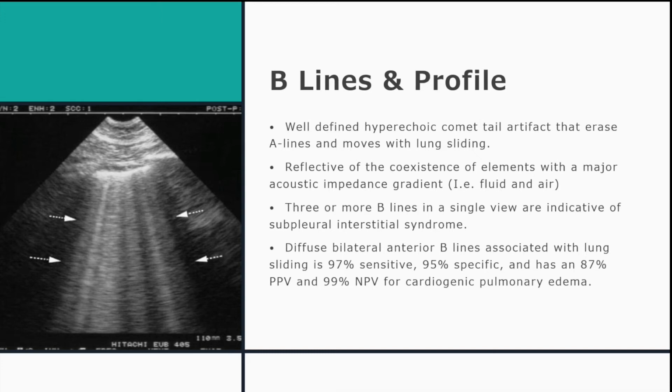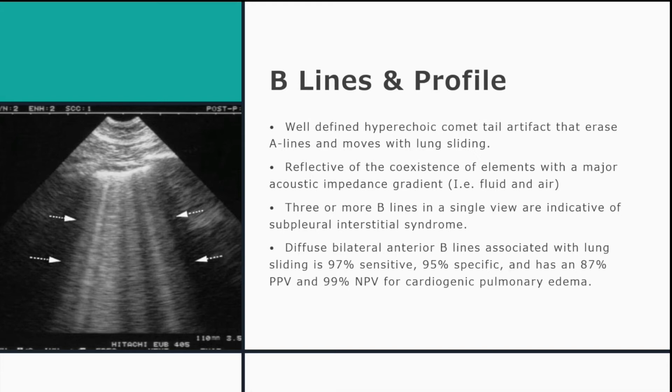So here again we have the microconvex probe from that initial study. But B lines are basically well-defined hyperechoic, described sometimes as comet tail, artifacts. And if you notice, they erase the A lines.